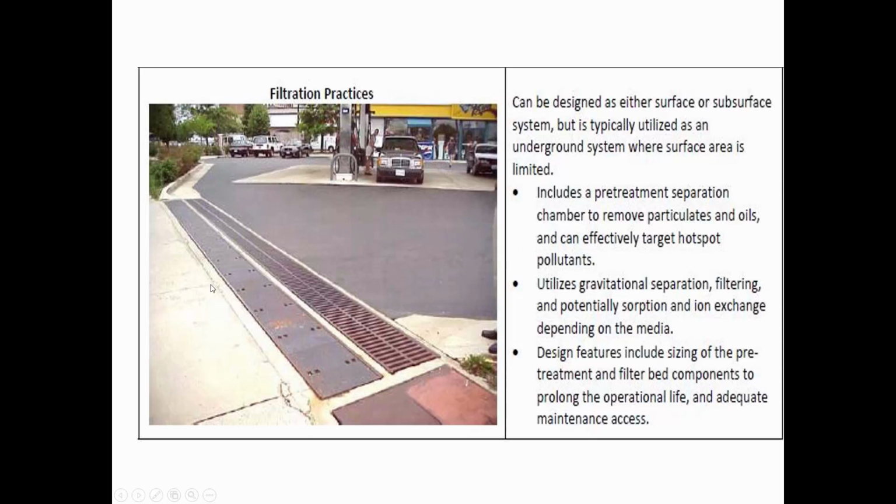Filtration practices just acknowledges the fact that this is a gasoline station here, right? This is obviously a filling station, and these sorts of places are notorious for even just a little bit of spill onto the ground for each car putting a serious amount of hydrocarbons, and the pollutants in that, like benzene, toluene, xylene, BTEX, those pollutants are carcinogens. And if they get into the water, that can infiltrate down into the groundwater. It can have an effect on the fish and the birds and the insects that live in streams.